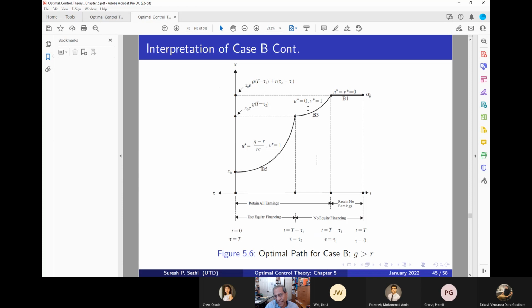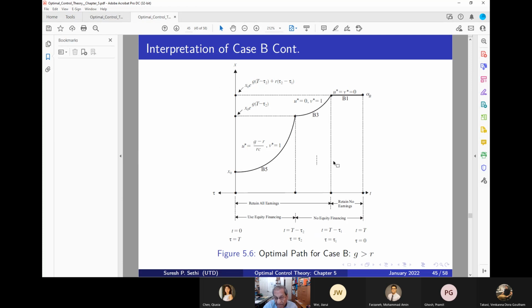So the firm is growing at the rate R, not at rate G, because earnings are at the rate R. Whereas in the previous case, A3, the growth rate was at G. We are allowed to grow at the maximum rate, but we need external equity to do that, and external equity is expensive.